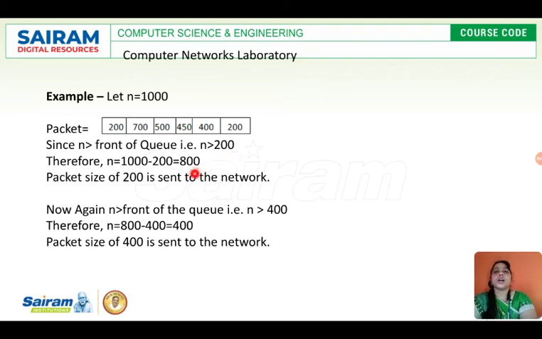Once this packet is accommodated in the bucket, or buffer in the case of networks, my buffer gets the packet whose size is 200. So 200 bytes of data is occupied already. My buffer size is 1000, so what will be the remaining size left in my buffer? That is 800. I can accommodate another 800 bytes of data.